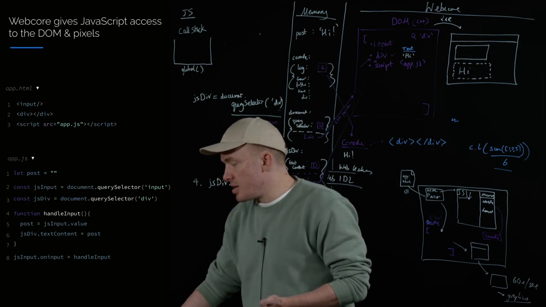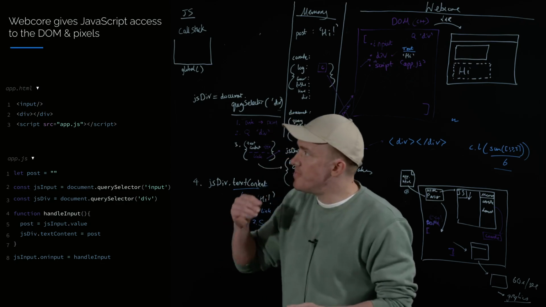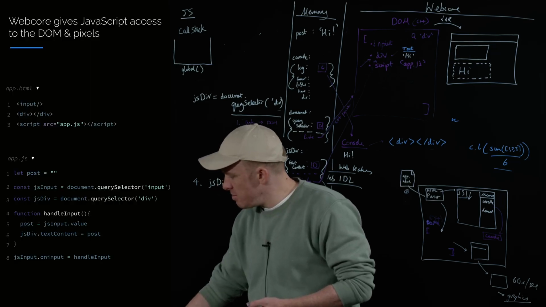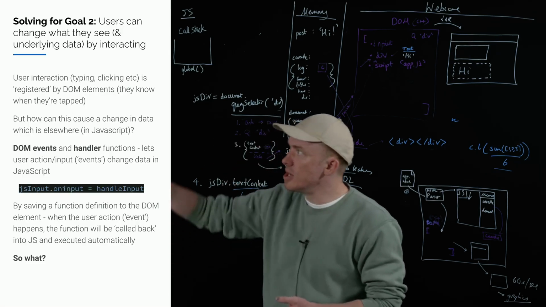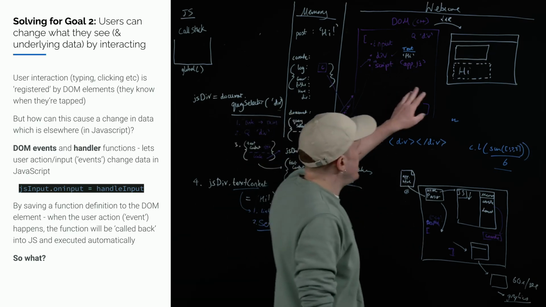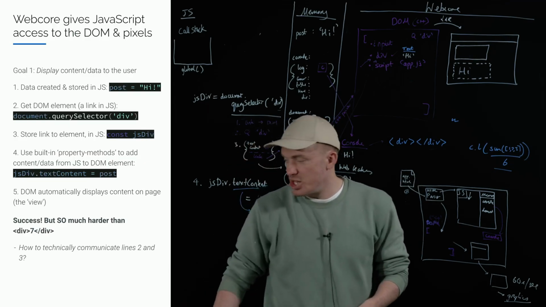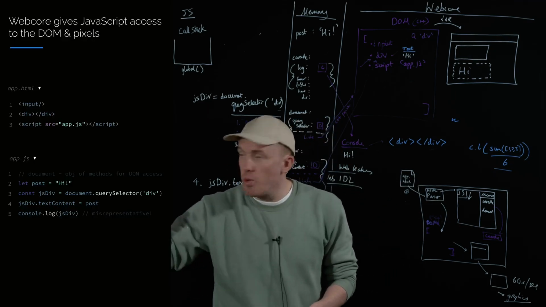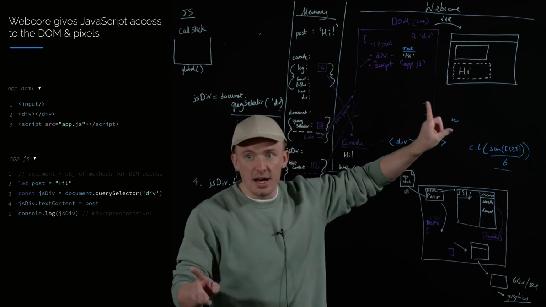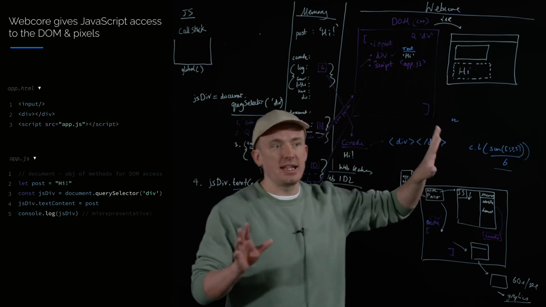We do now need to solve for goal 2, where users can change what they see. Users can change what they are now seeing, which was the text hi, via some action that they take.